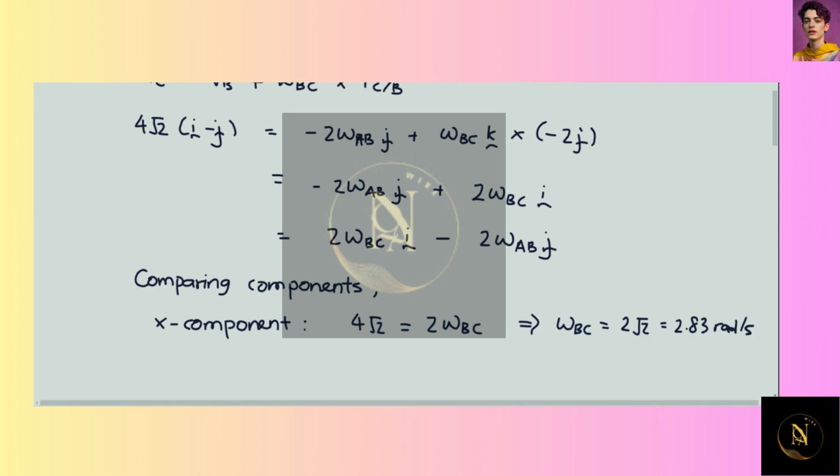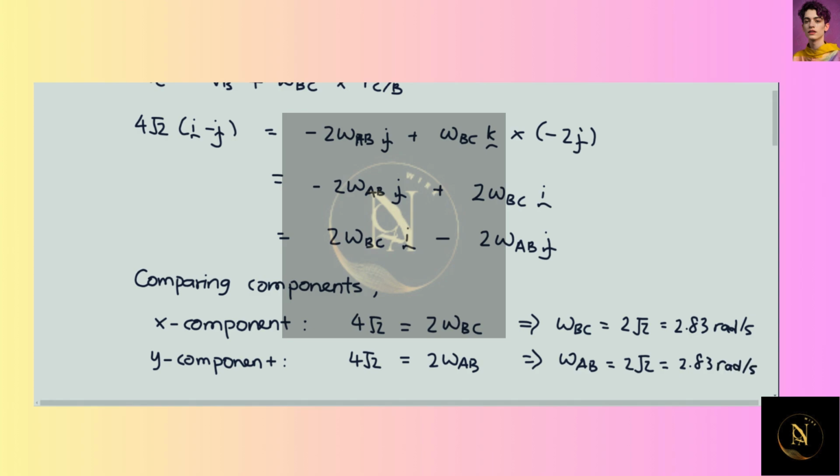And then for the y component, we have 4 root 2 equals 2 omega AB. So that means omega AB will just be 2 root 2, equals 2.83 radians per second.